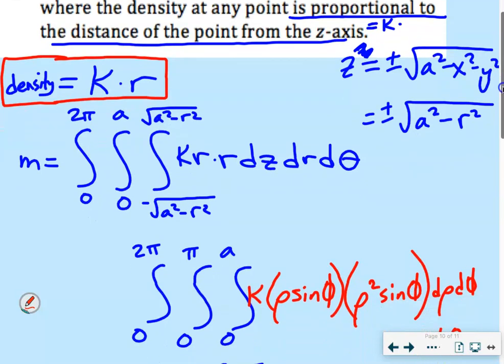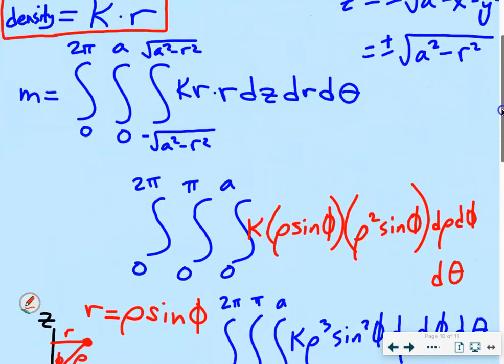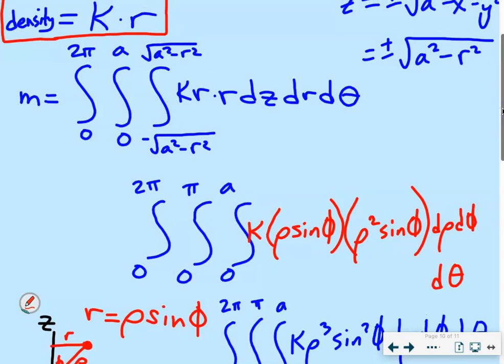All right, so okay, this is me drawing in an XYZ plane. If we were doing this in cylindrical, then our base region on the bottom would be surrounded by the circle x squared plus y squared equals a squared, right?